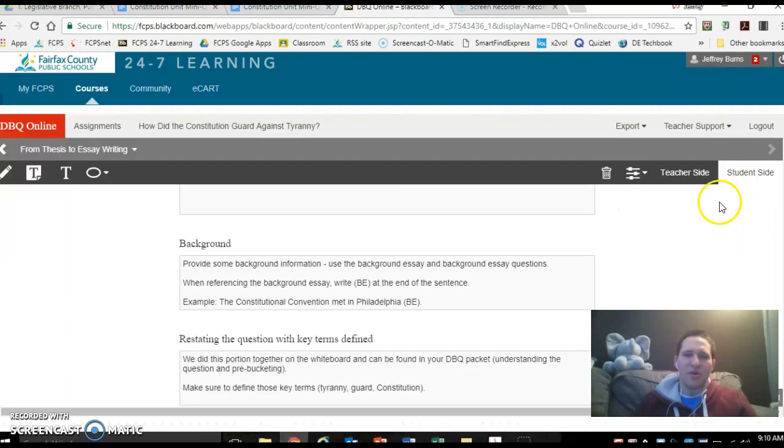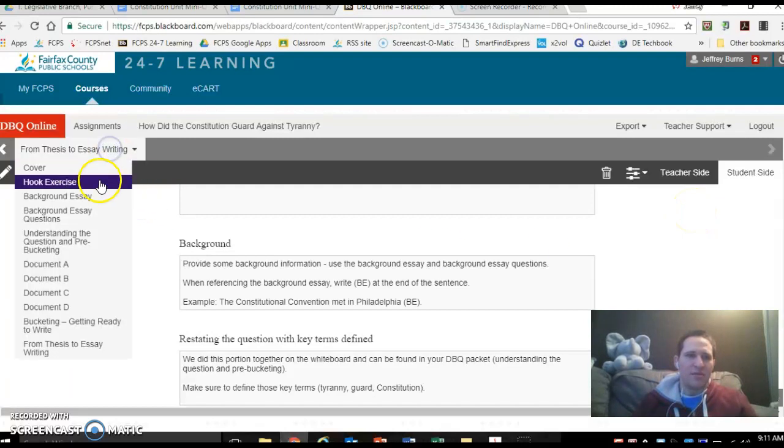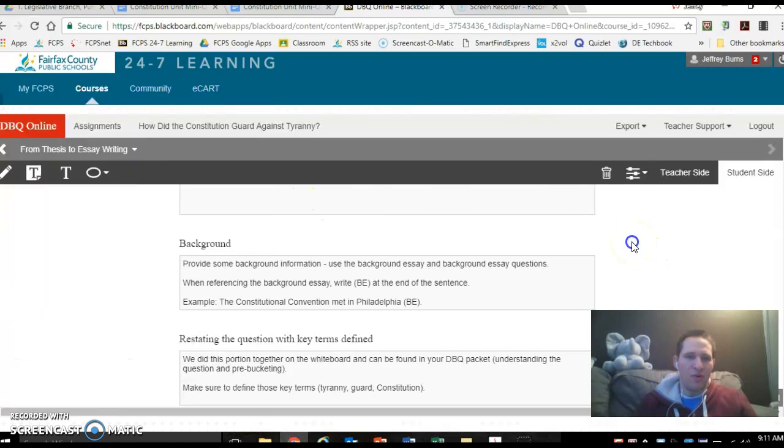All right, then you're going to go into the background essay, right? You can find that by going here, or by going into your DBQ packet, handout number 4. You want to pull in a couple things from there that James Madison mentioned in the Federalist Papers, or some key ideas that you saw there, to give a little background about the topic.